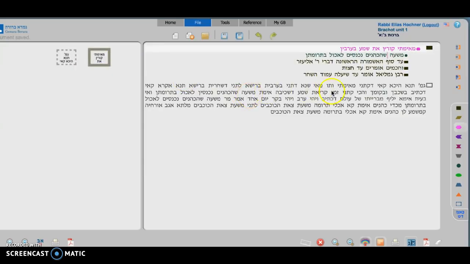Okay. Now let's work on the Gemara. The Gemara begins by saying the following. Tana eicha kai dektani me'ematai. The Gemara is asking, what is the Tana referring to when he says, from when can you say Shema?